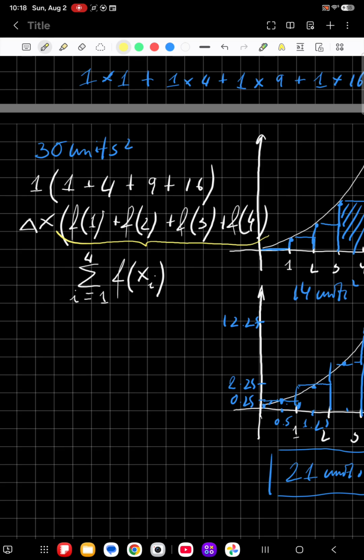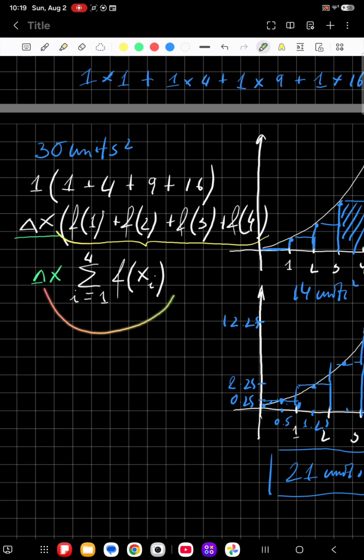And now I still have that delta x in the front. My writing today, as I said, is just not great. Okay, delta x. When we're dealing with this, delta x will always be constant, and we can take that constant and put it back in here.